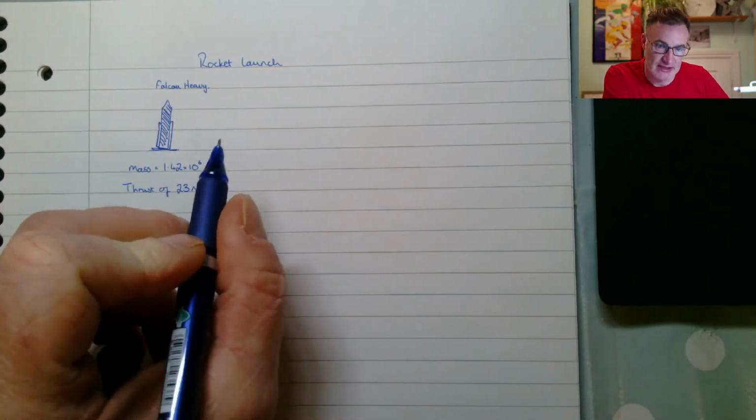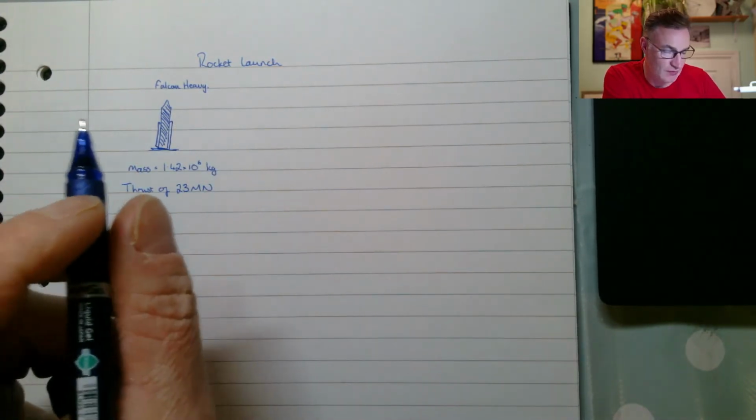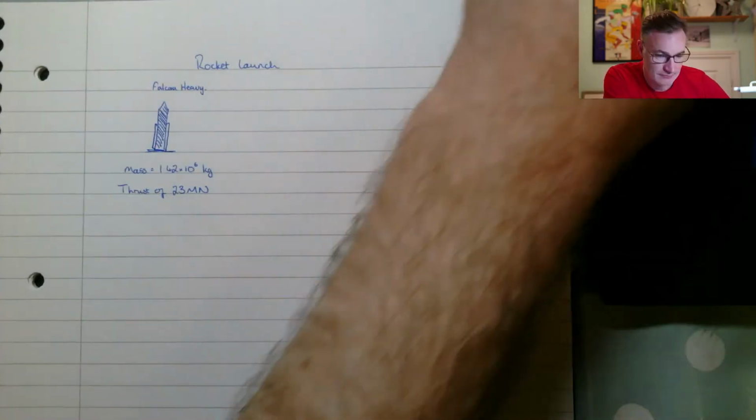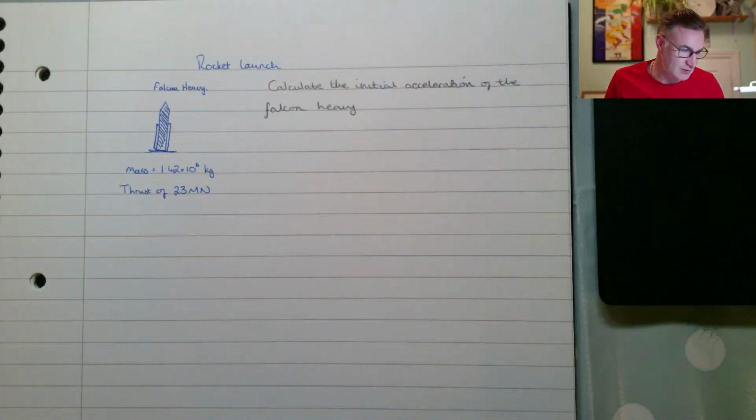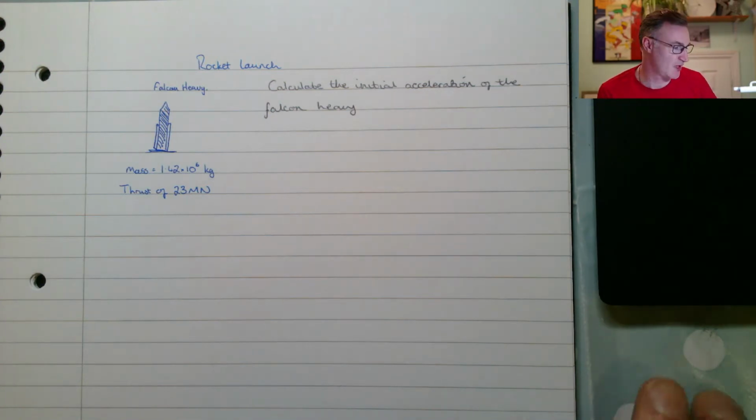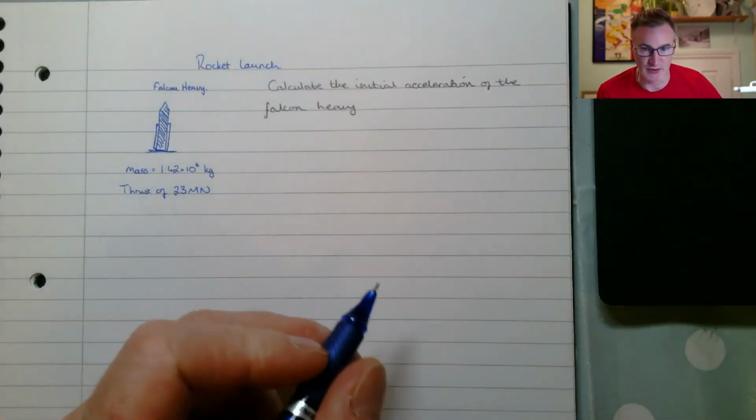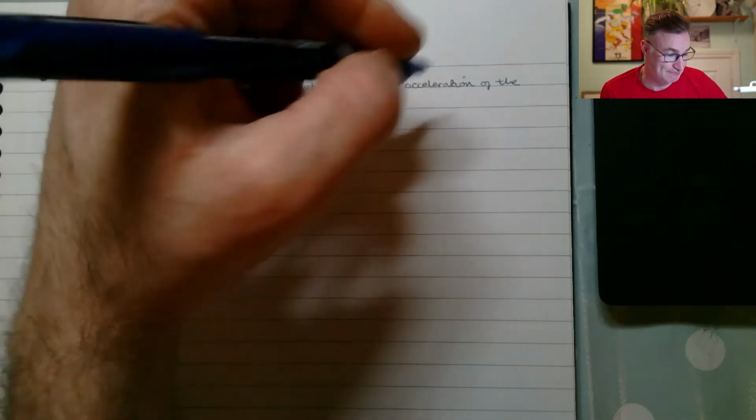Okay, so let's look at this. The Falcon Heavy is on its launch pad, and there could be a question: calculate the initial acceleration of the Falcon Heavy. To do this, the first thing that we're going to do, and I'm going to implore you to remember this, is draw a free body diagram.